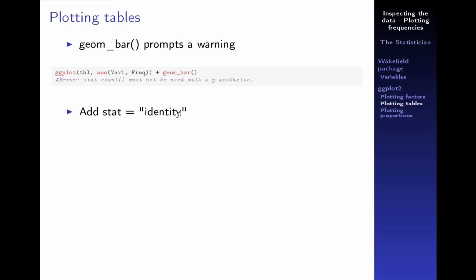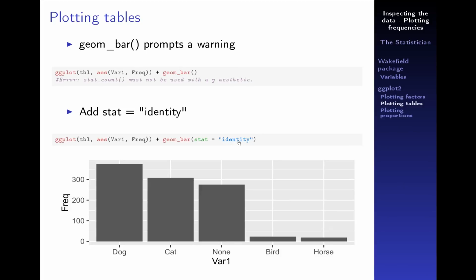By default it's stat count, but with the identity it knows that the y variable has the number you want to use. Okay.